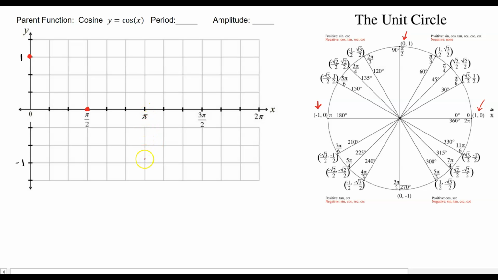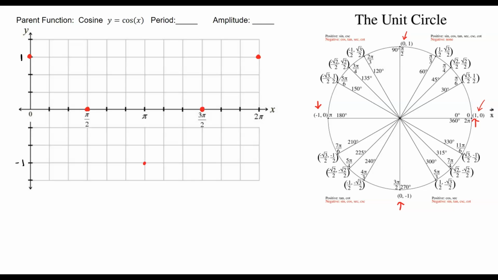So we go down to pi and below to negative 1. The next value we're looking for is 3 pi over 2, and the corresponding x value for 3 pi over 2, which is cosine, is 0. So we indicate 0 on the graph here. And then we take a look at 2 pi. At 2 pi, yet again, we are back at 1, which is right up here.